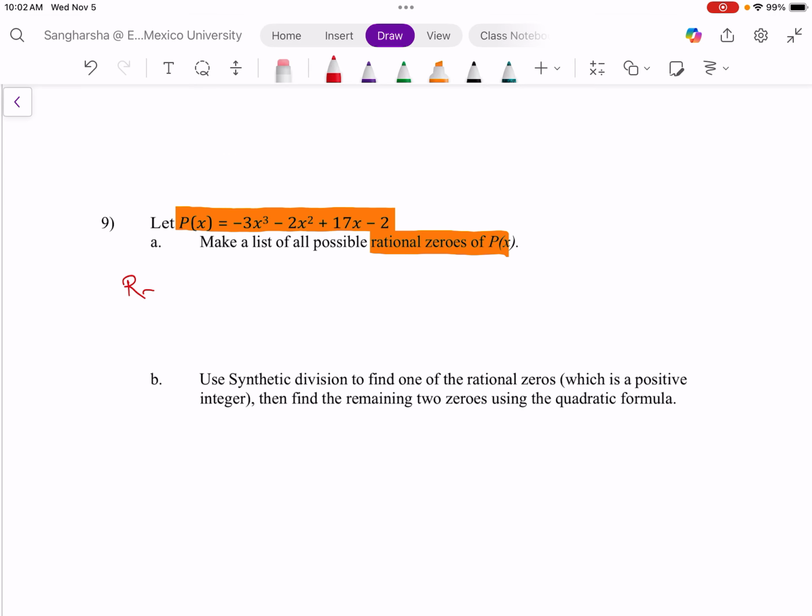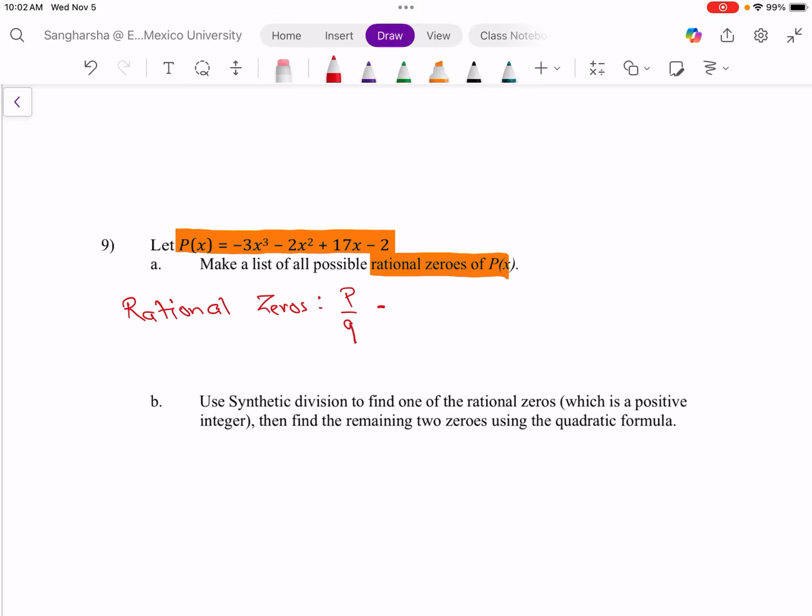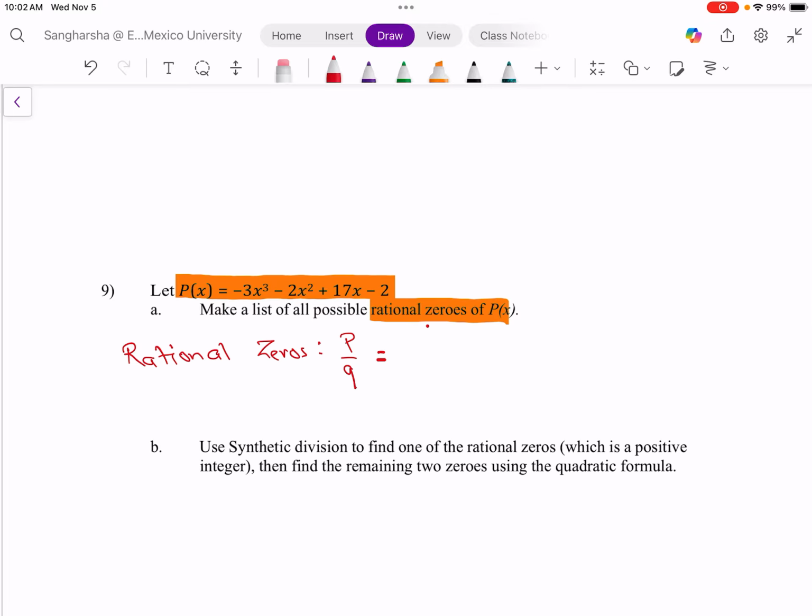So rational zeros is p over q, where what is p? P is all factors of the constant a naught.